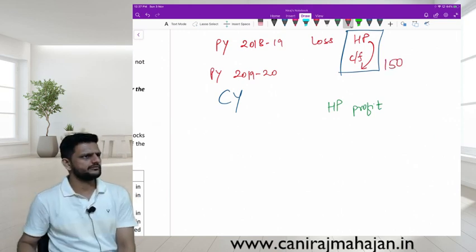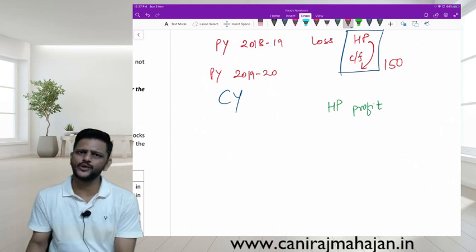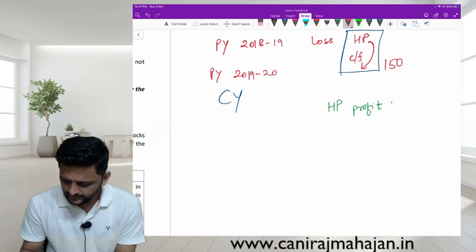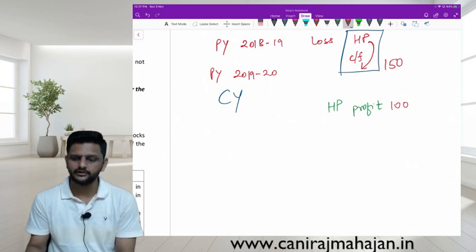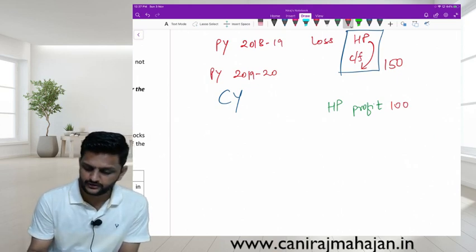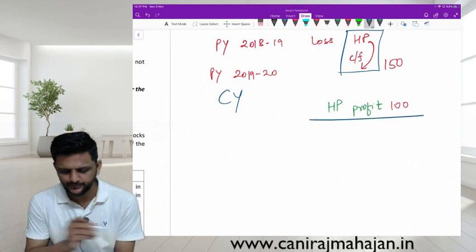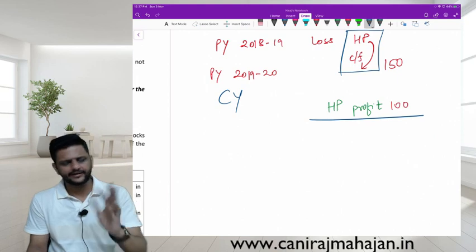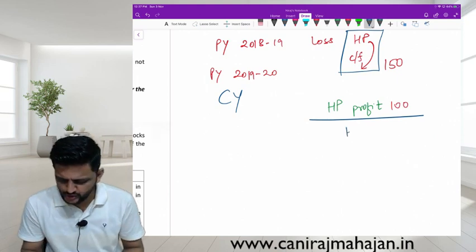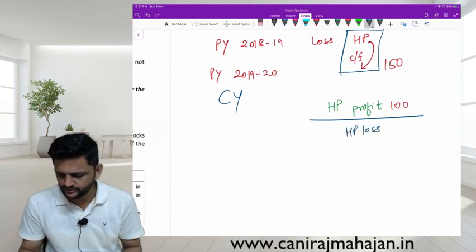This HP loss, which is to be carried forward in the next year, is 150 for the sake of example, and HP profit is rupees 100. Are you following till here? This HP profit is of the current year. Now tell me what will happen in 19-20. Can we set off or not? We can set off 100. So how much HP loss now remains?